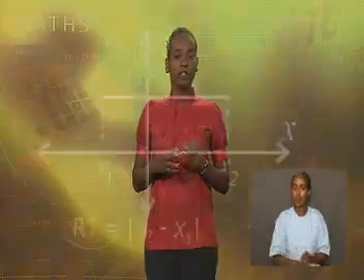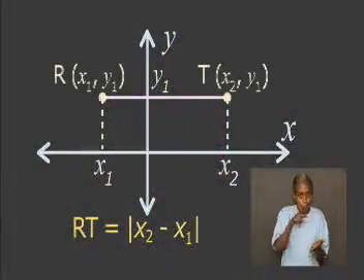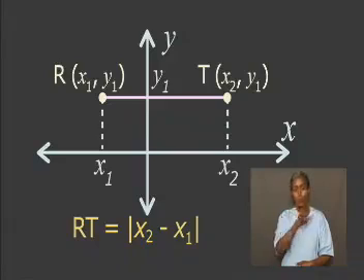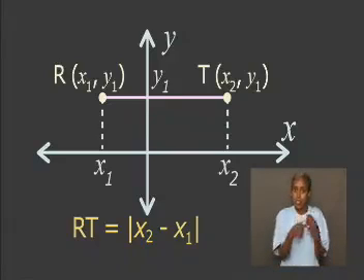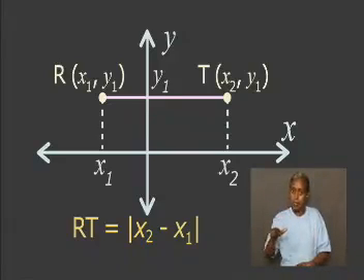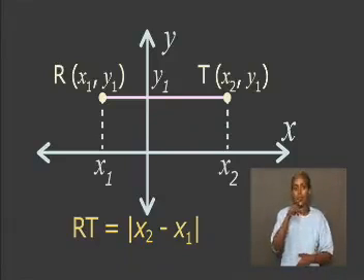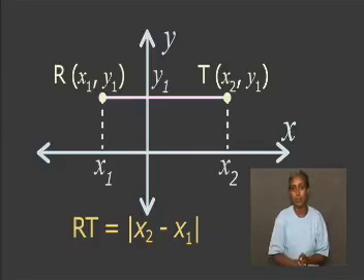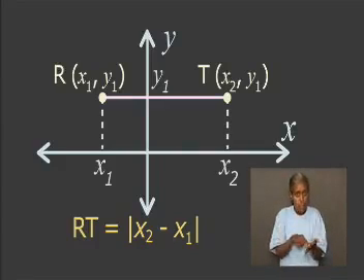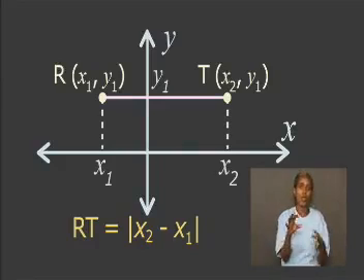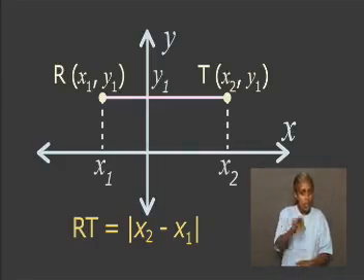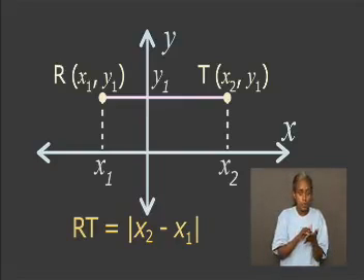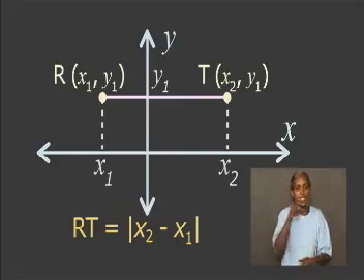In the activity, the line between R and T was horizontal. When 2 points are on a horizontal line, they form a line segment that is parallel to the x-axis. Since the 2 points have the same y-coordinate, we can find the distance between them by subtracting their x-coordinates.